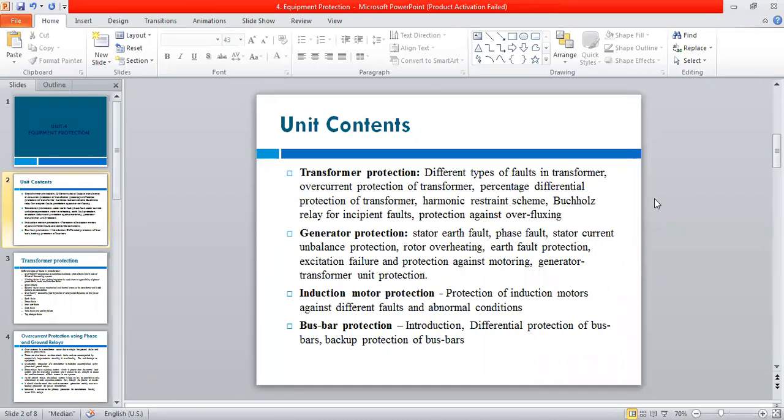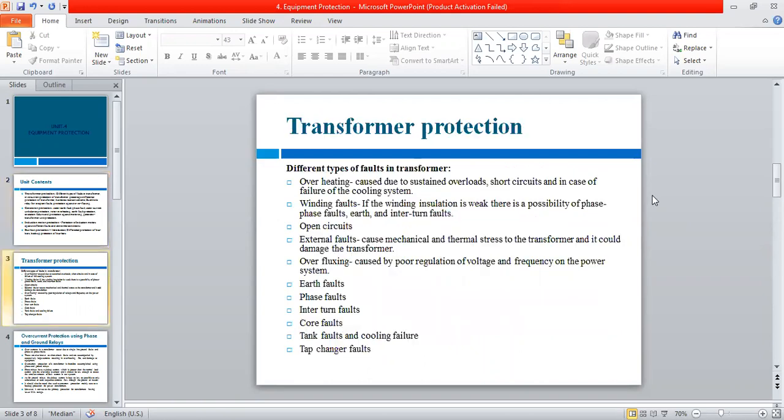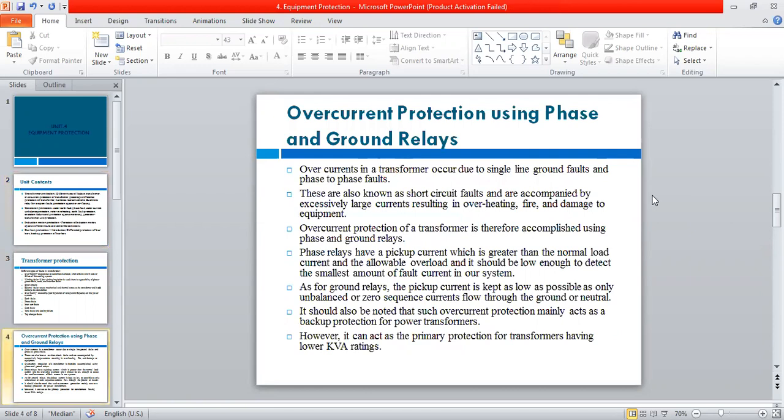So I'll keep this as it is because I'm having some problem in sharing the screen. Okay, so you just maximize your screen.